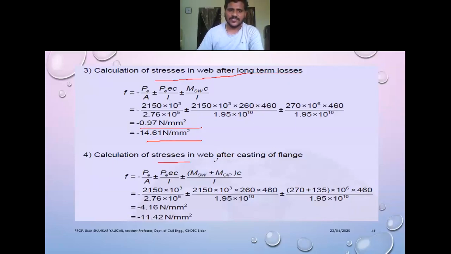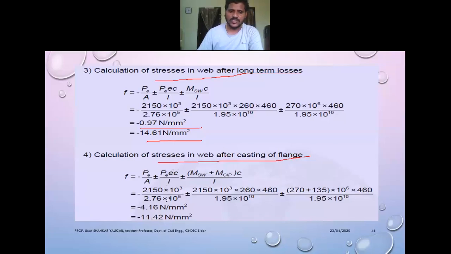Then the calculation of stress in the web after casting the flange. After casting the flange, you will get the stress due to P, the stress due to the eccentricity of P, and the stress due to the self weight of the web and also the self weight of the cast portion, your flange. If you use this formula, you know P, e, C, M self weight, and M cast portion is also given.